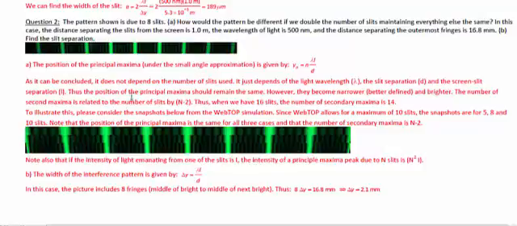As long as everything else is the same, the position of the principal maxima, these bright fringes, is going to stay the same. What's going to change is the number of secondary maxima. The more slits we have, the thinner that fringe is going to get, and how bright it is relative to the secondary maxima.